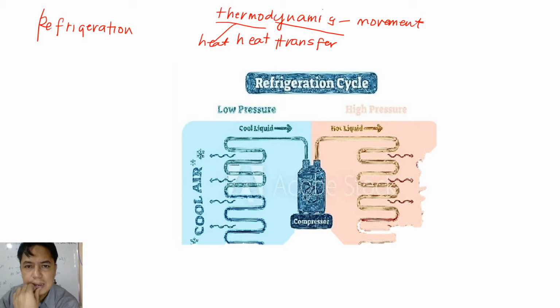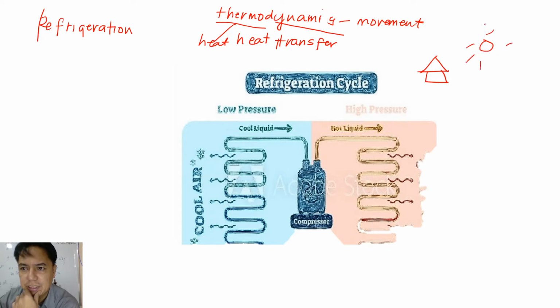Thermodynamics is the movement of heat from one place to another, from one point to another, maybe by natural means or mechanical means. For example, in your house, how is heat transferred?